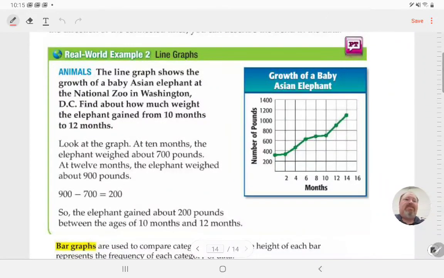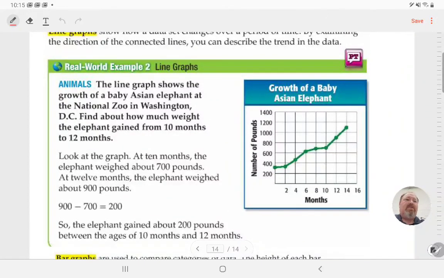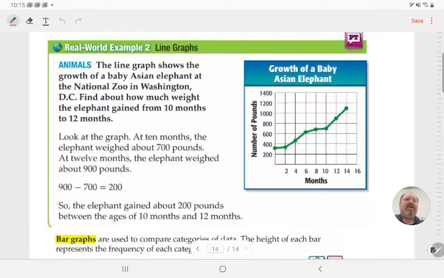In this line graph, it says we can use line graphs to show direction and trends of data. The line graph shows the growth of a baby Asian elephant at the National Zoo in Washington, D.C. Find about how much weight the elephant gained from 10 months to 12 months.